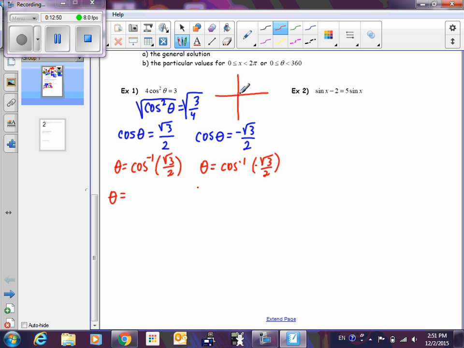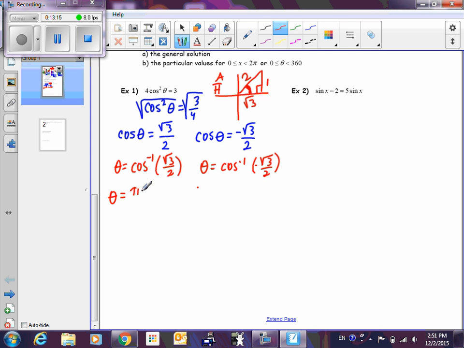Okay, so let's just start with the first quadrant because that does say positive. All right, and so if theta is right here, then adjacent would be root 3 and hypotenuse would be 2 because cosine is adjacent over hypotenuse. Okay, so a 1 would go in the missing spot. And what would that make that angle?